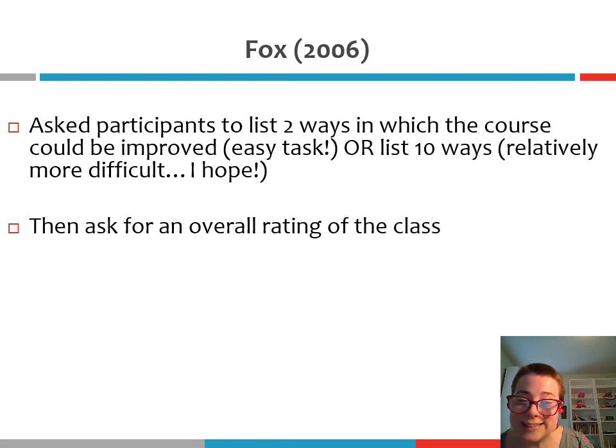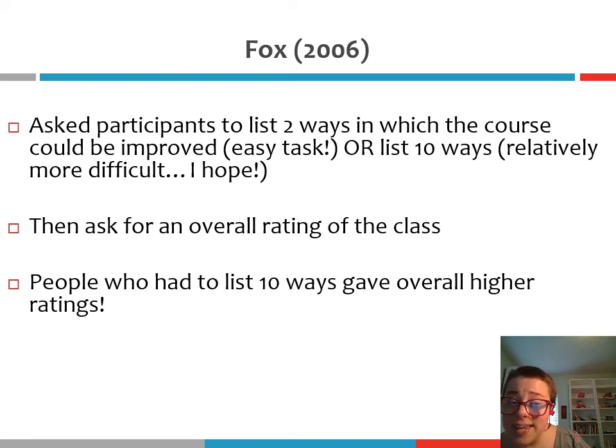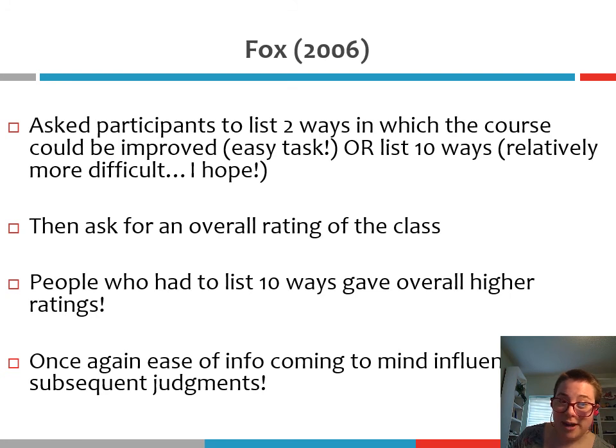And then they were asked for an overall rating of the class. And again, people who had to come up with 10 ways the course could be improved actually gave higher ratings of the class than individuals who had come up with only 2 ways, right?